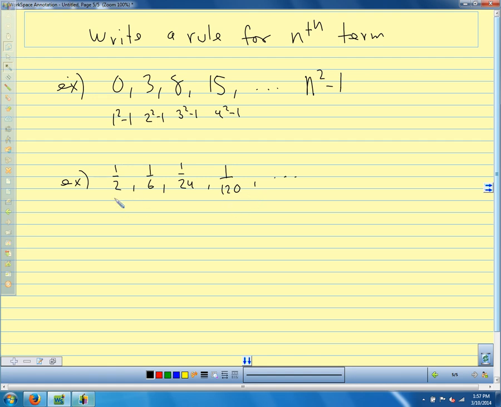Is it n factorial? 1 over n, is it n factorial? 1 factorial is 1. N plus 1 factorial.